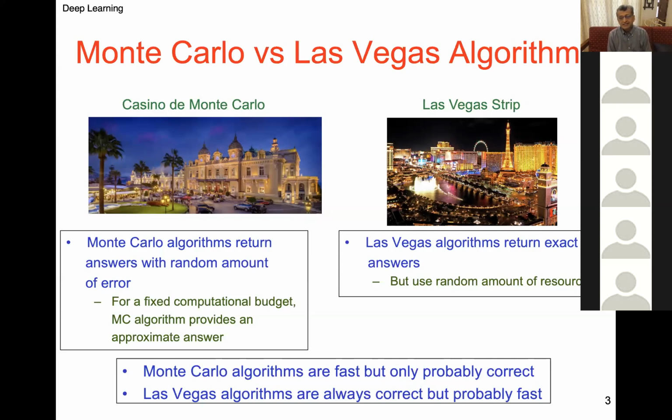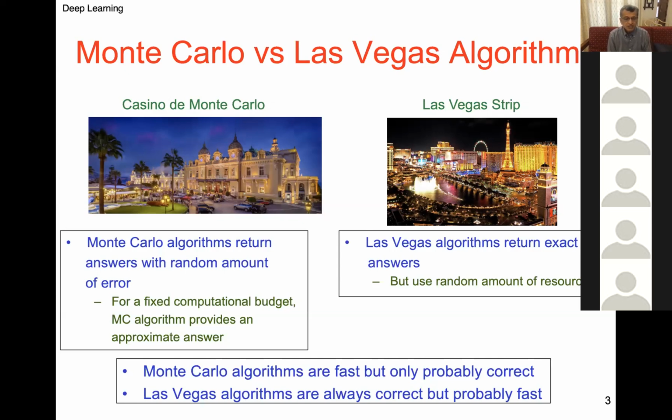On the right-hand side is the famous Las Vegas Strip, which has dozens of casinos, with all the famous landmarks shown with lights and so on. So both are places for gambling. Turns out gambling is a good thing in machine learning. Turns out we use random samples to compute things that cannot be done in an ordinary way.